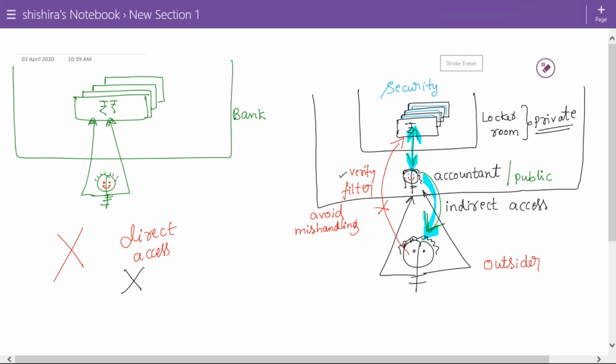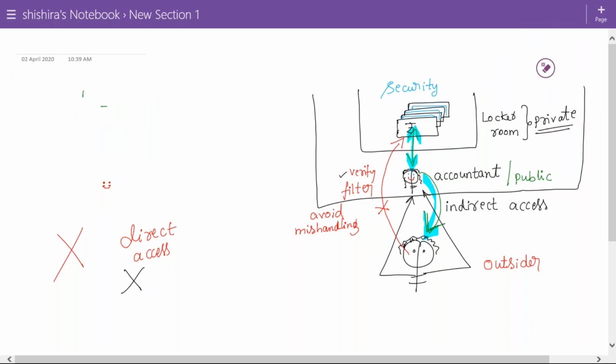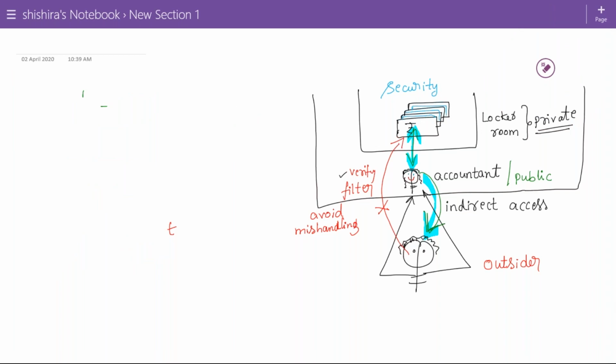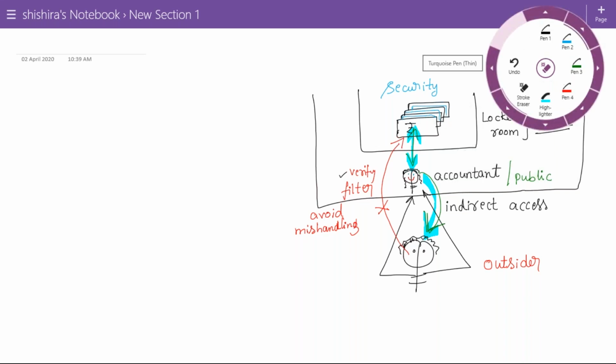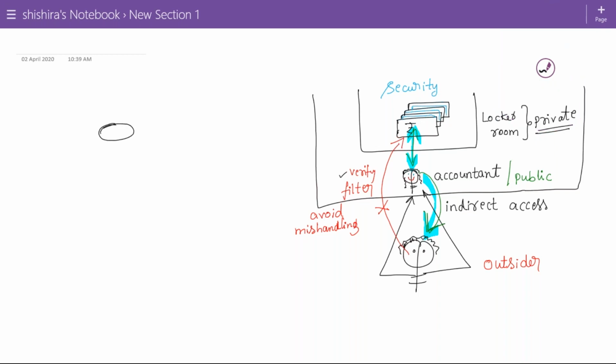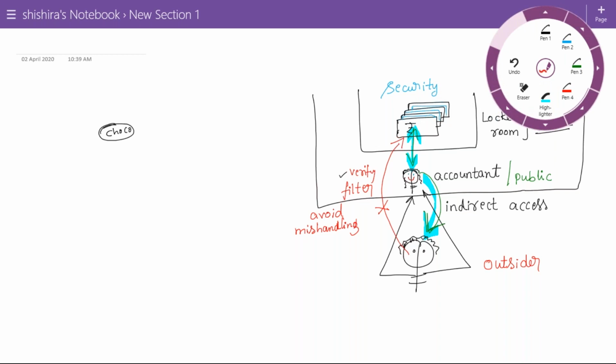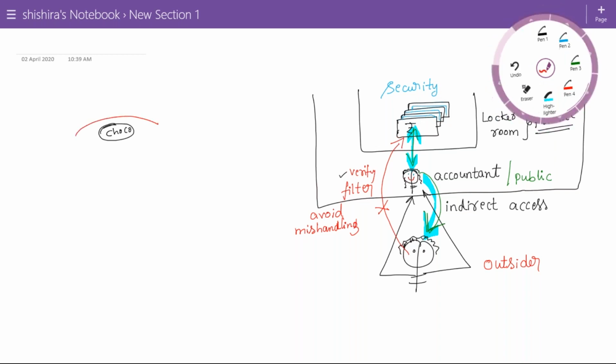Now, I will compare this with something. Just observe now. They treat this money which is here like a chocolate. Treat this accountant as the wrapper of this chocolate.